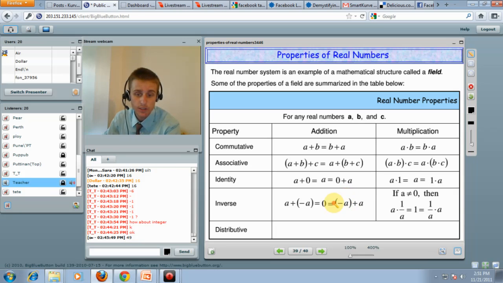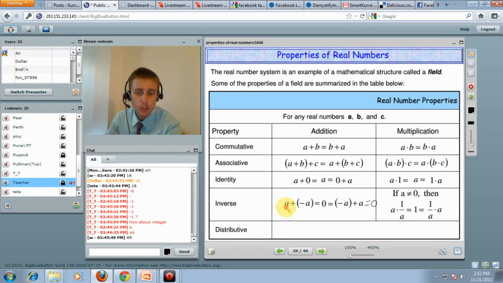The inverse. A plus negative A equals 0. Negative A plus A equals 0. It is the same thing.